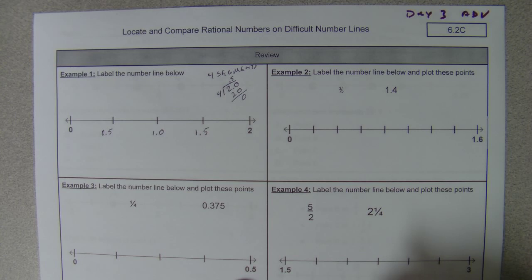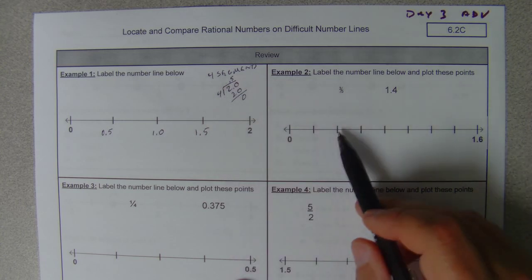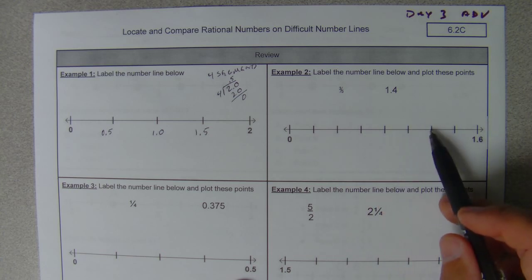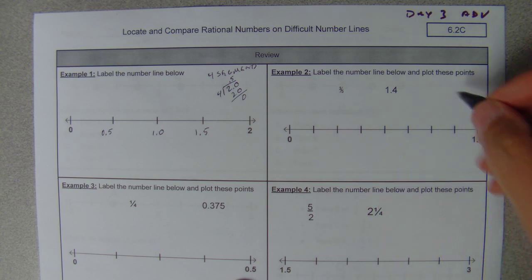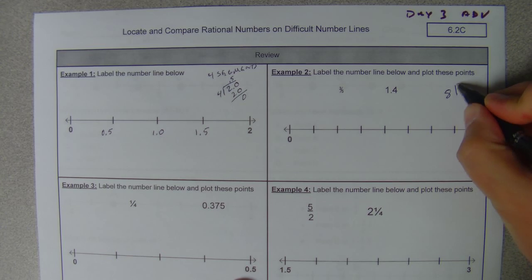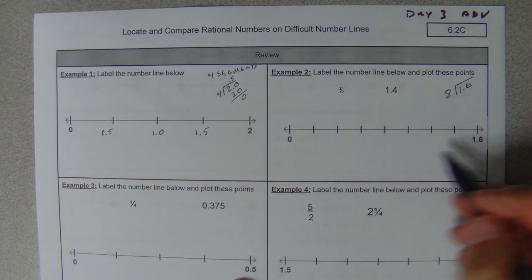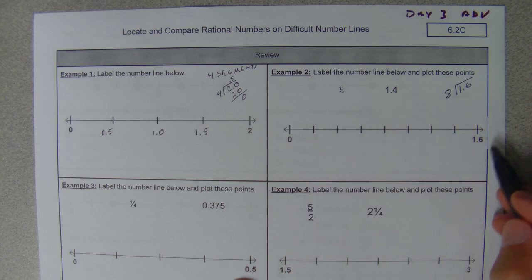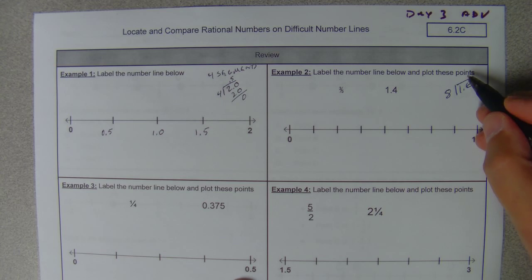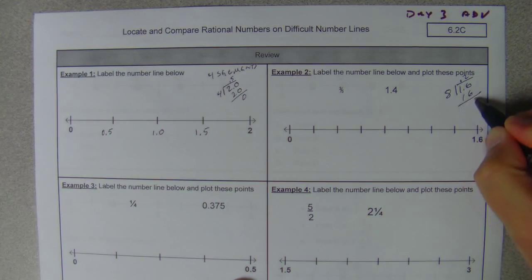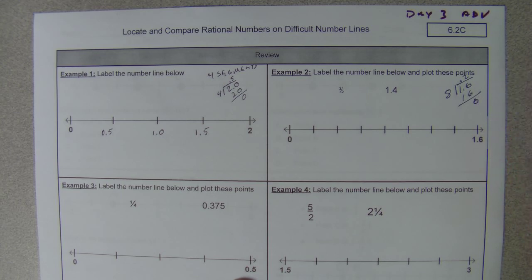Well, let's go ahead and use what we did there. We have 1, 2, 3, 4, 5, 6, 7, 8. 8 into 1.6, because that's the distance from here to here, is 0.2. Correct? Yes.